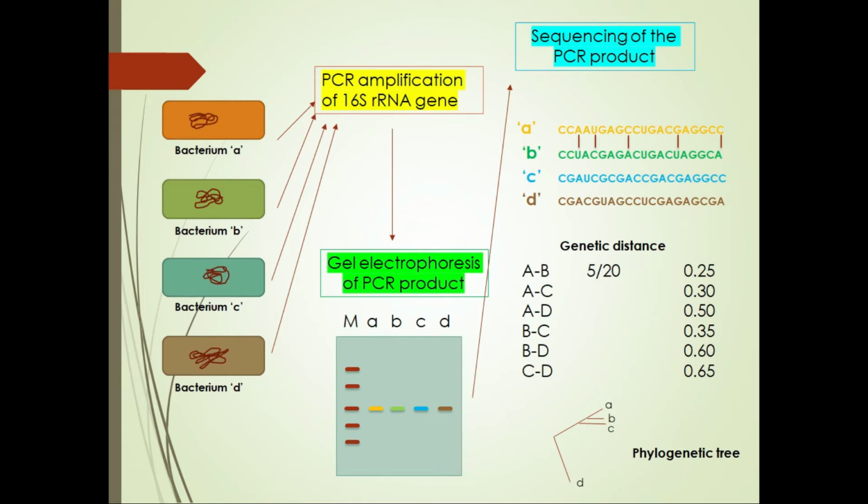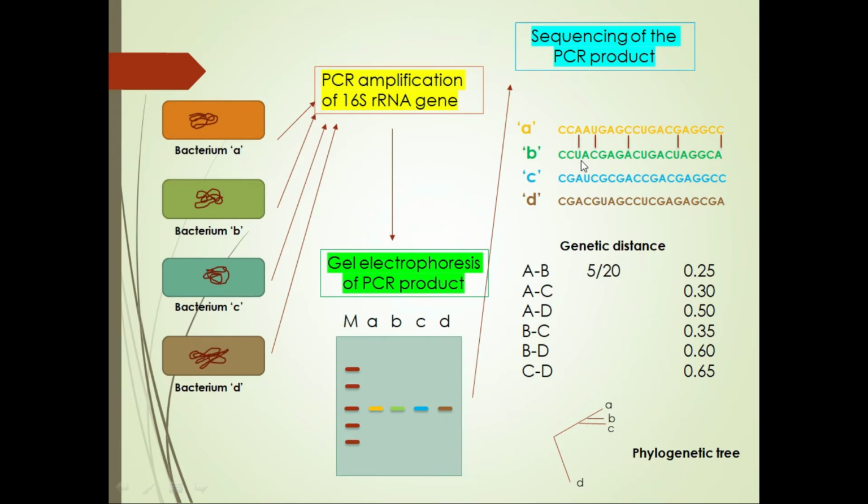Now what we do, we elute these bands and do sequencing using the conventional sequencing technique or the next generation sequencing technique. Say now from bacterium A, the band that we got has yielded a 20 nucleotide long DNA sequence.